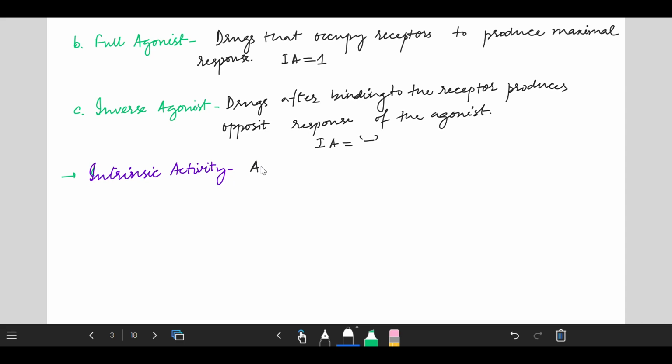So it's the ability of a drug to activate a receptor once it has bound to it. Clear? Now we will understand what is an antagonist.